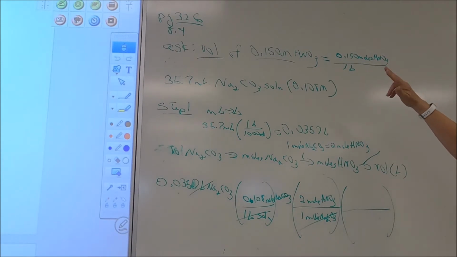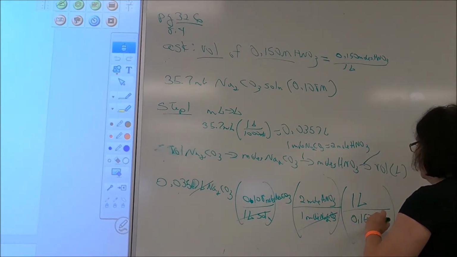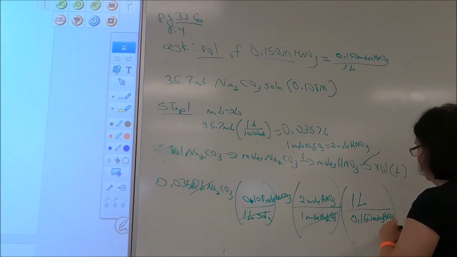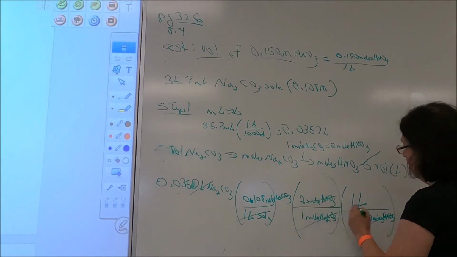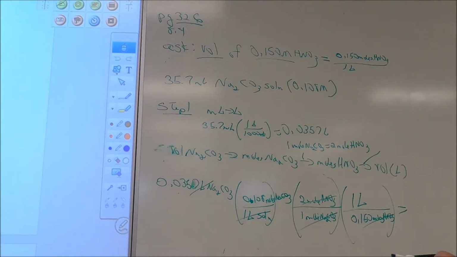Now, that's a conversion factor. It's a ratio between two things. I can flip that upside down if I need to. So right here, I can write 1 liter over 0.150 moles of HNO3. So notice moles and moles of HNO3 divide out, and I'm left in liters.